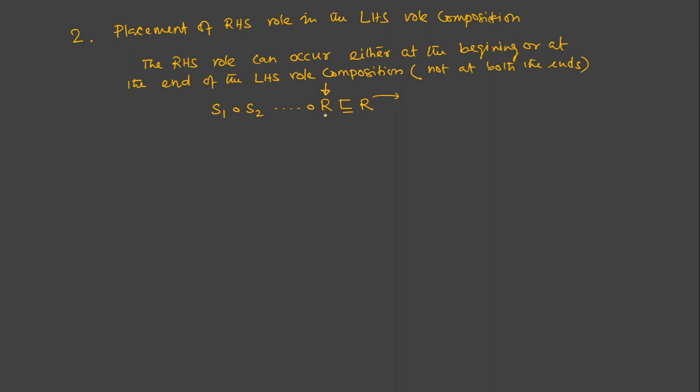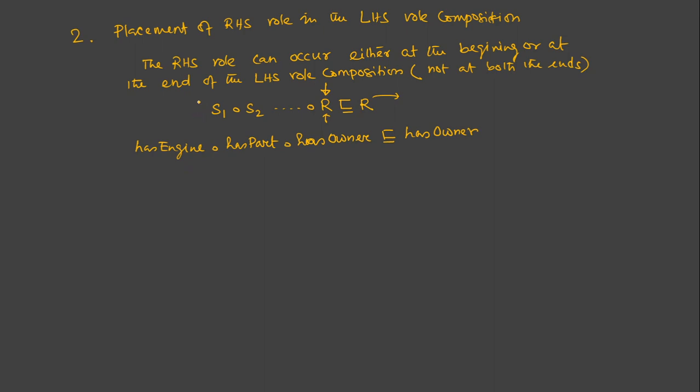So this is allowed. So one example of this is, say, has engine, then has part, and say has owner. This composition is a sub property of has owner, right?